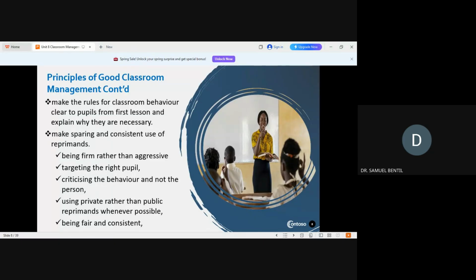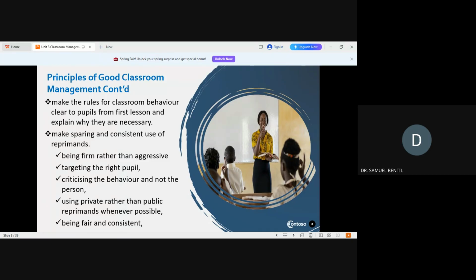Because the kind of classroom discipline tone that you set in the first week of your class will go a long way to determine how your classroom is going to shape. So it's very important, please. Then you must also make sparing and consistent use of reprimands. How do you achieve these things?